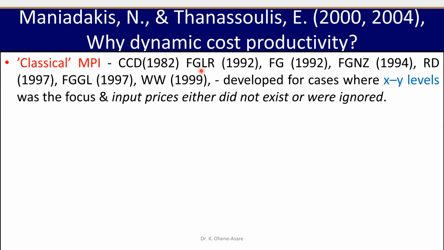Now, these guys, Färe, Grosskopf, Lindgren, and Roos, are not the only ones. Färe, Grosskopf, Norris, and Zhang, these professors in Oregon, brought the three-part decomposition, which was criticized by Ray and Desli in 97.